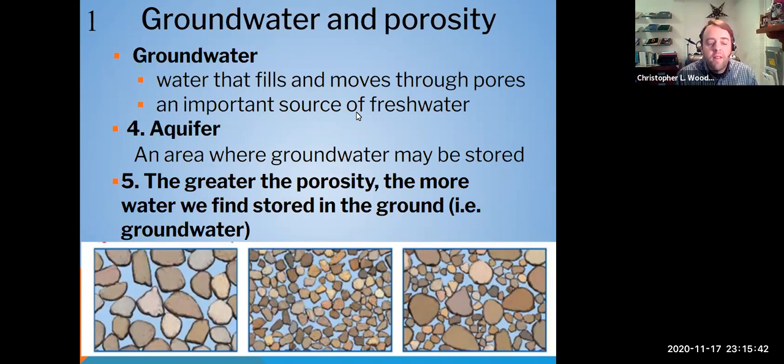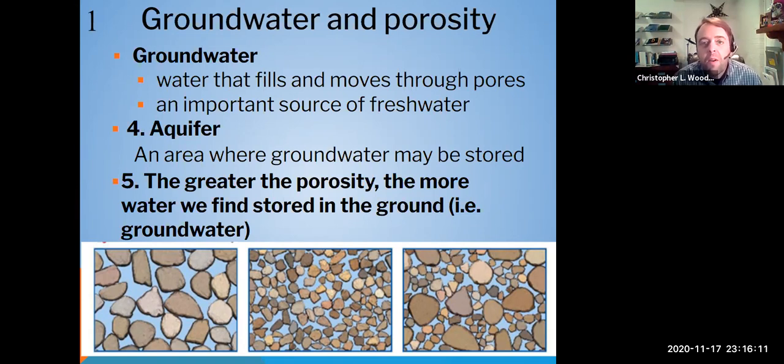As I said last class, we really want to think about the terms porosity and permeability. So let's talk about porosity. Groundwater is water that moves through pores in soil and rock, permeable rock. Groundwater, of course, is an important source of fresh water. We pull most of our well water, or our usable water in our homes, from the groundwater.